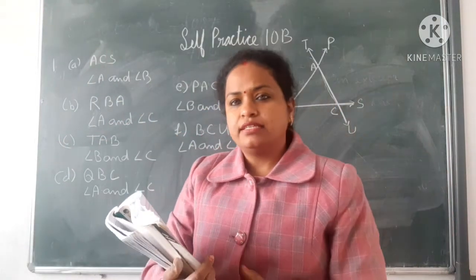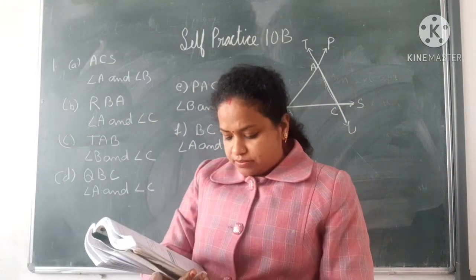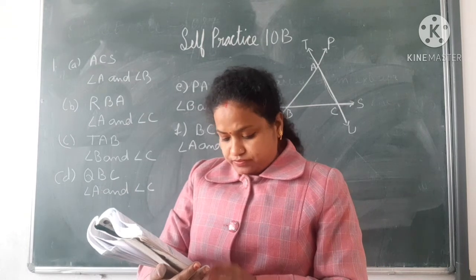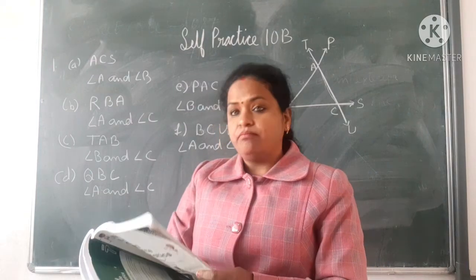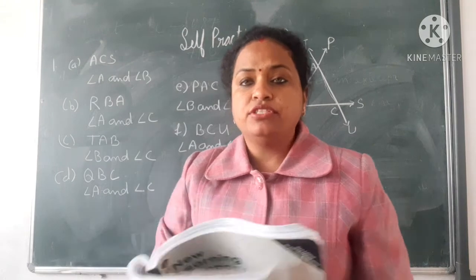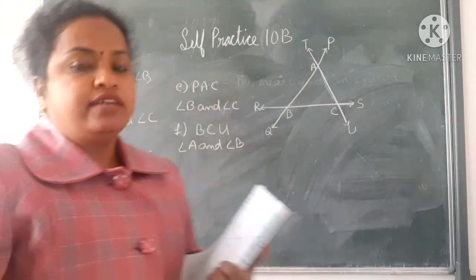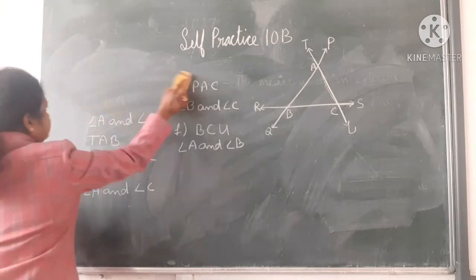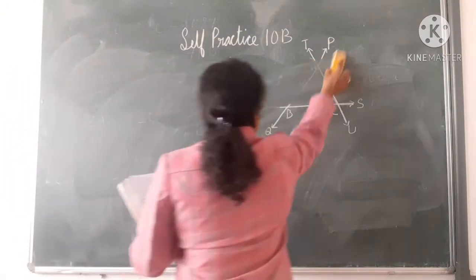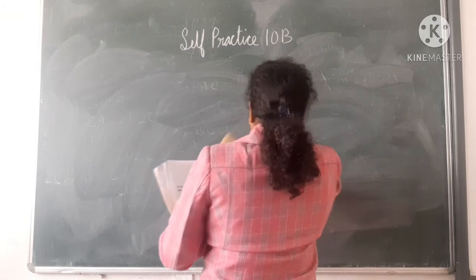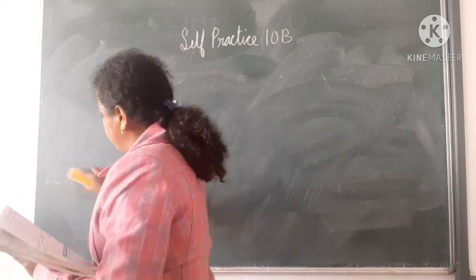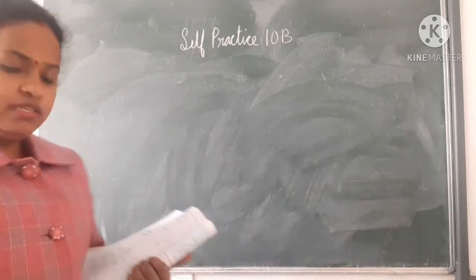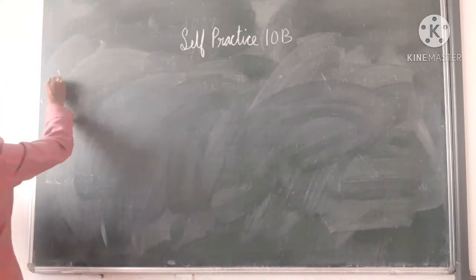Okay students, now see question number 2. Find the unknown marked angle. Now see question number 2, A part.